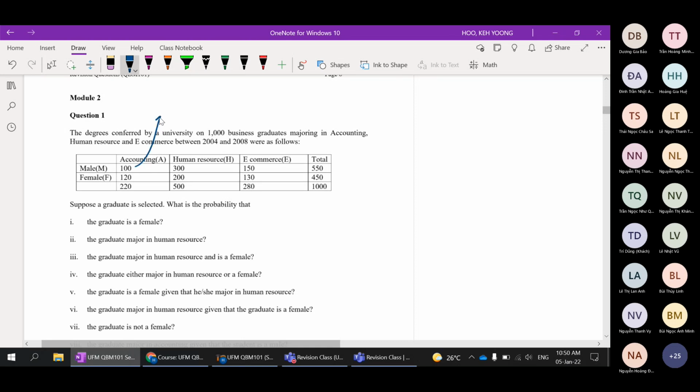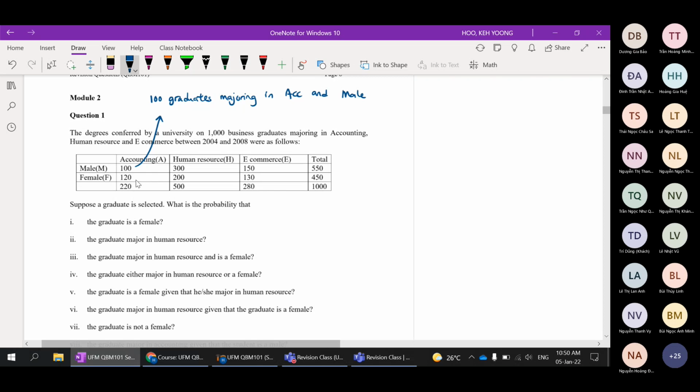The hundreds, all the values here, represent the graduates from a particular major and gender. So the hundreds here means 100 graduates. Majoring in accounting, and they are male. That's what this table means.